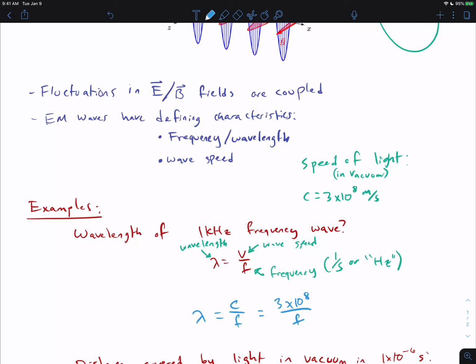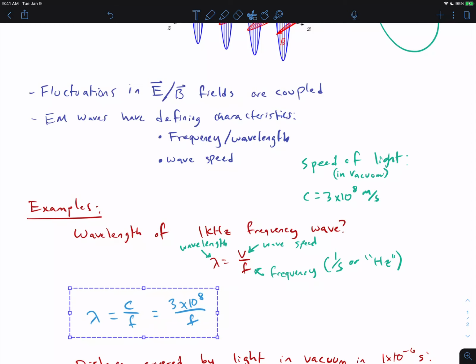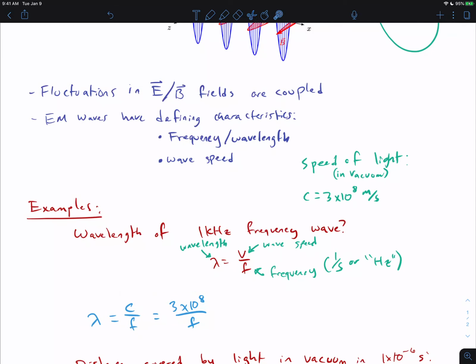And since we'll be counting light as always traveling at this speed, then we're going to be using this formula right here. So how we would do this in this example, we want to know what is the wavelength of a 1 kilohertz wave. Okay, so its frequency is 1 kilohertz, 1000 hertz.